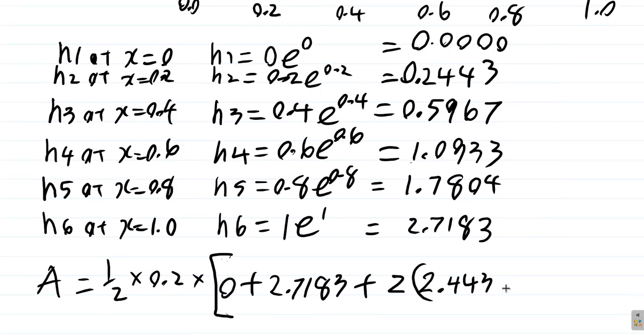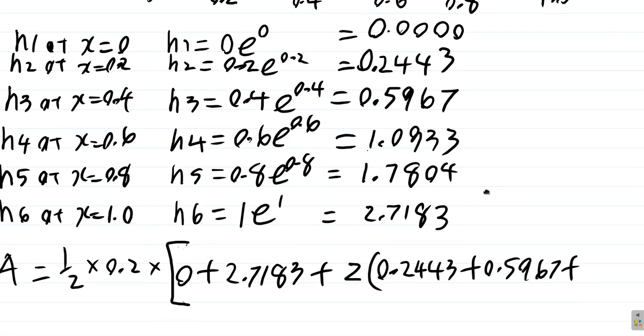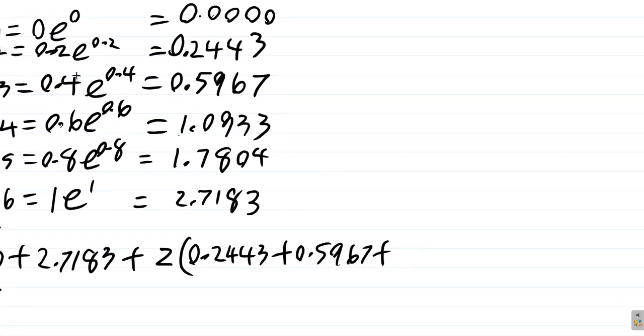0.2443 plus 0.5967 plus, and you see it takes long to work it out because you're doing it by hand, step by step, using the trapezium rule instead of direct integration.